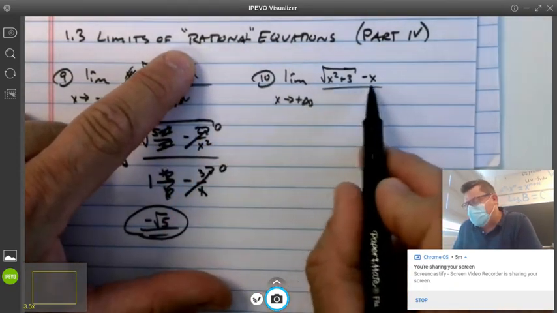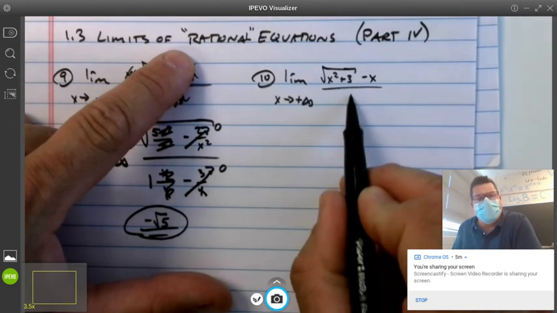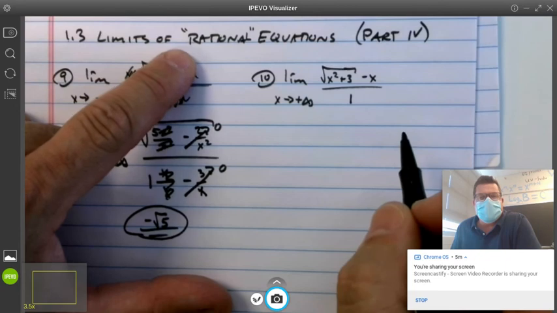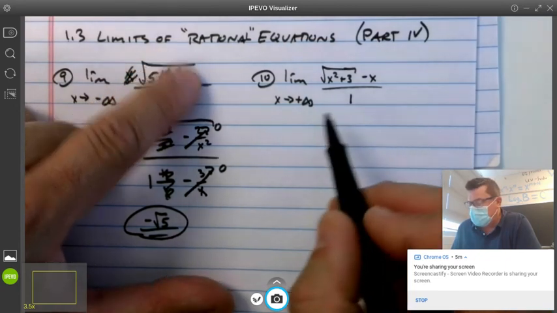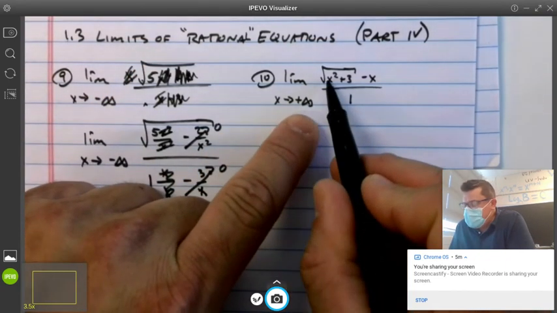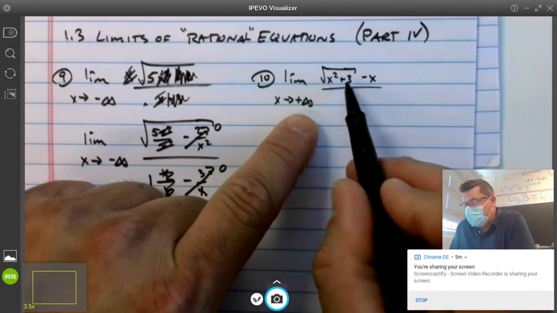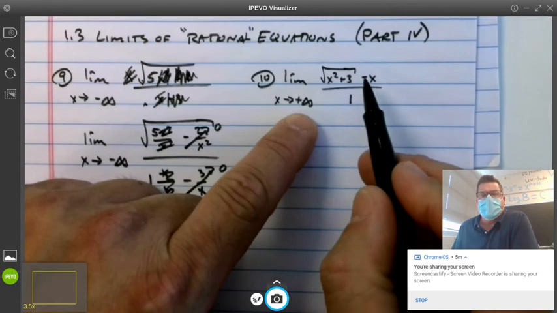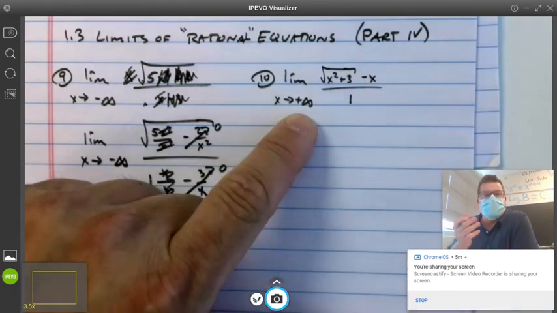This is not really a rational equation until I put it over 1. And it's kind of a cheap way of saying, yeah, it's a comparison of two numbers by division. But if we throw positive infinity in here and then add 3 and take the square root of it, you would think you'd get infinity minus infinity, which is what, 0? It's 0.